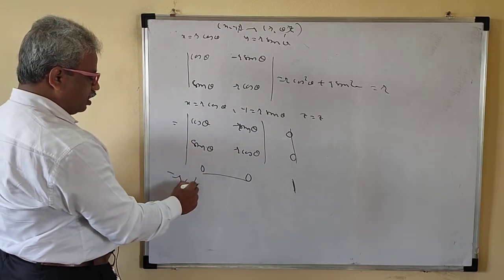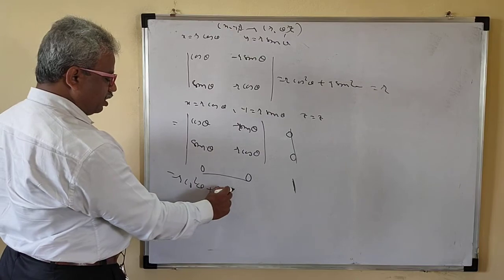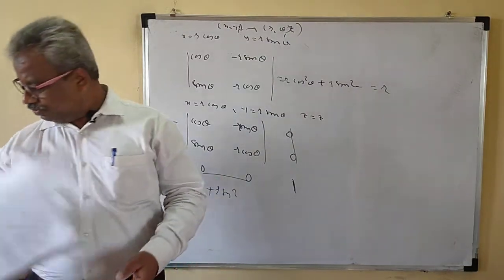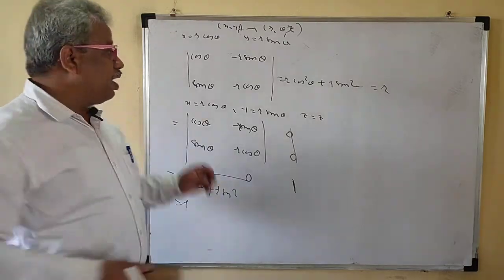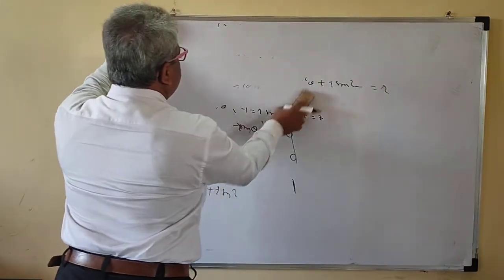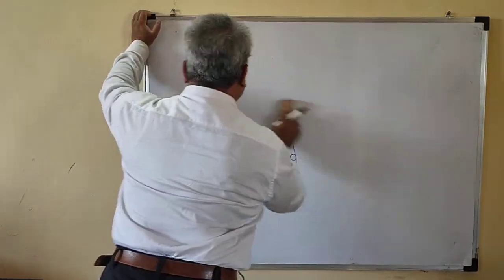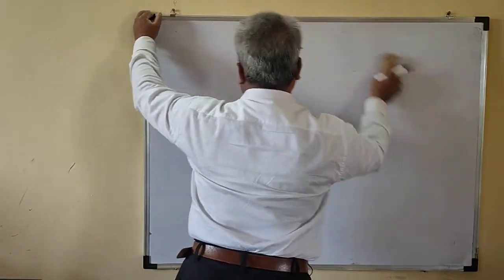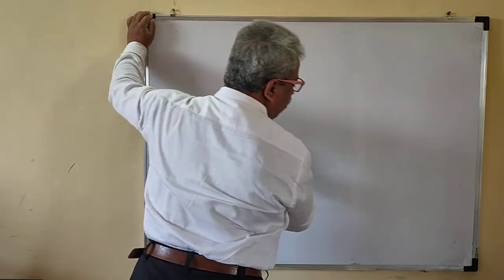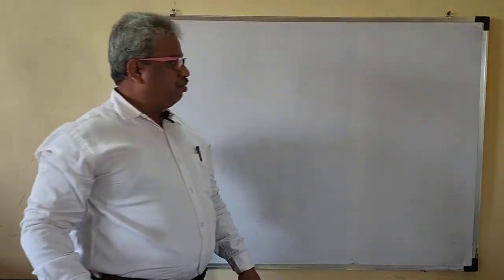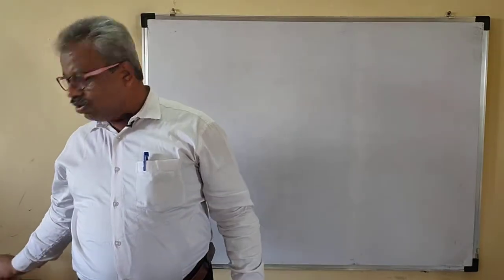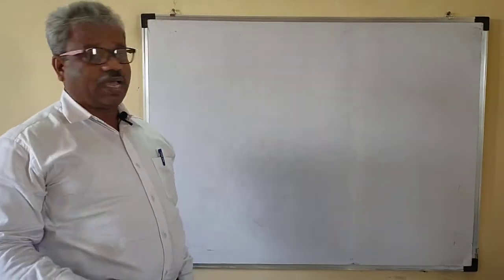This is r cos square theta plus r sin square theta, so this will be r. In this way you can find the Jacobian. For multiple integrals, up to this it is okay. Solving problems by this substitution method is very complicated, so it will not be asked.